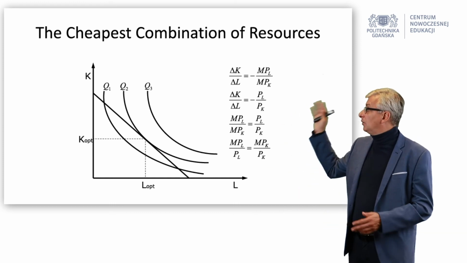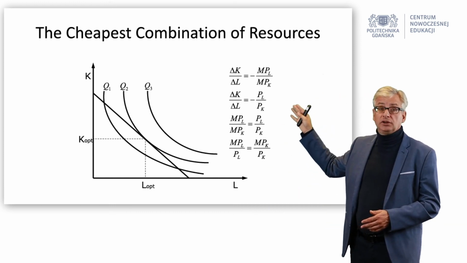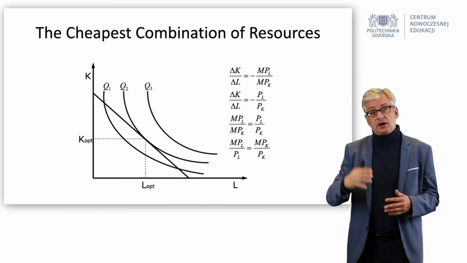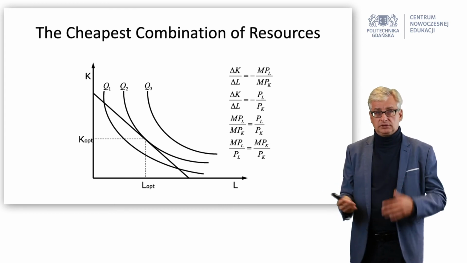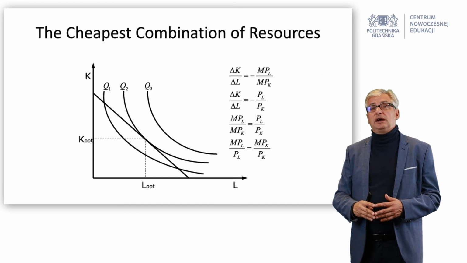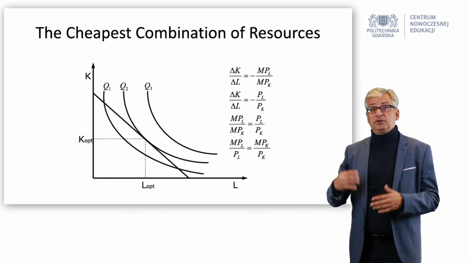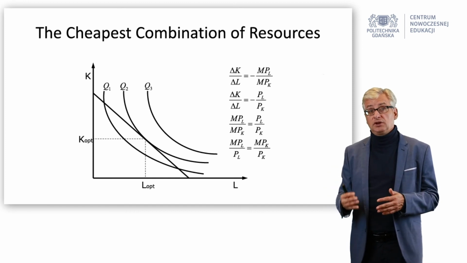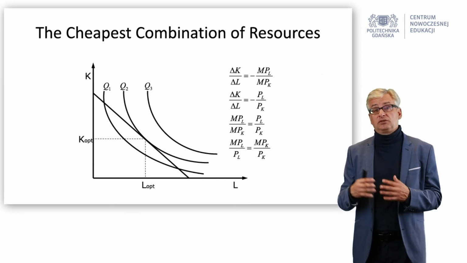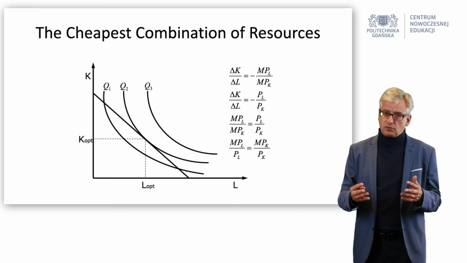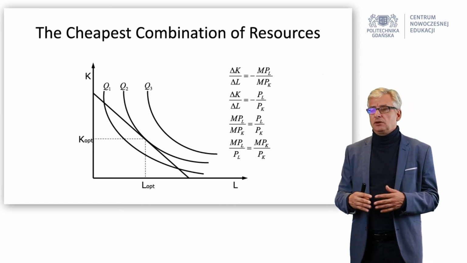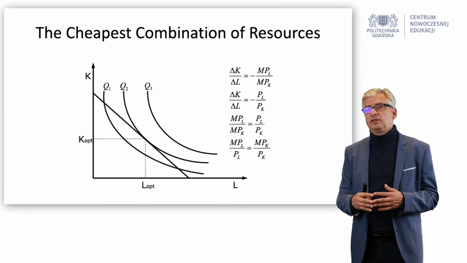And we've got our isocost here, the line that allows us to buy things like capital and labor, right? And we find the cheapest combination of resources here, and this cheapest combination of resources is an analogy to the consumer equilibrium in the consumer choice theory, in fact.